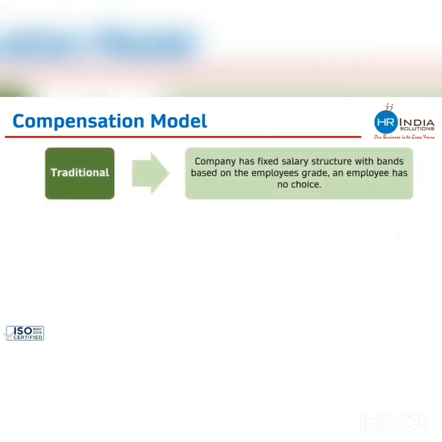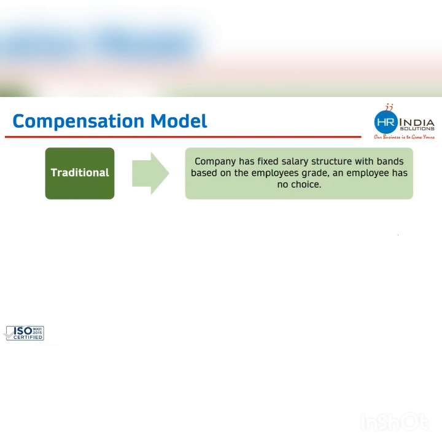Now, there are 3 types of compensation models that we usually refer to at the time of designing the compensation and benefit package for an employee. First one is the traditional compensation model. As the name suggests, traditional. Usually in the traditional compensation model, the company fixes all kinds of components for the employee.